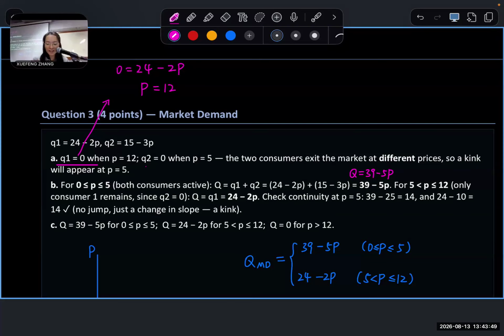Same idea, if Q2 equals 0, that means 0 equal 15 minus 3p. P equal what? Exactly 5. Okay, that's why the answer for this question is P equal 12 and P equal 5.